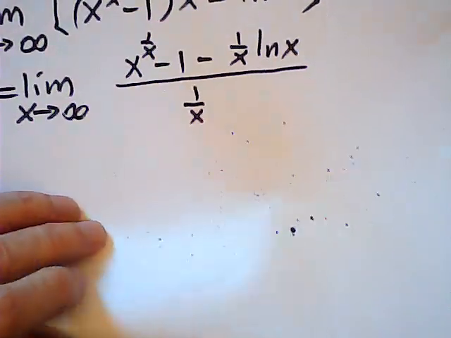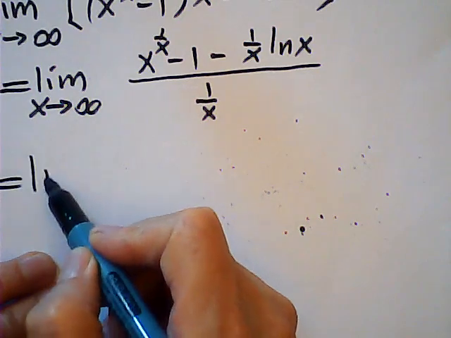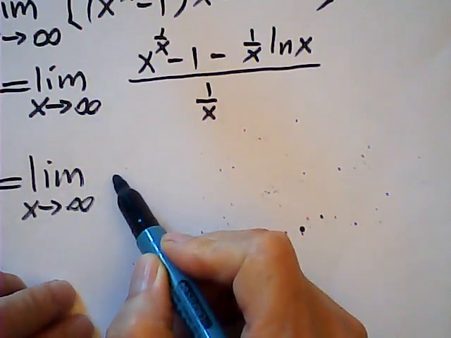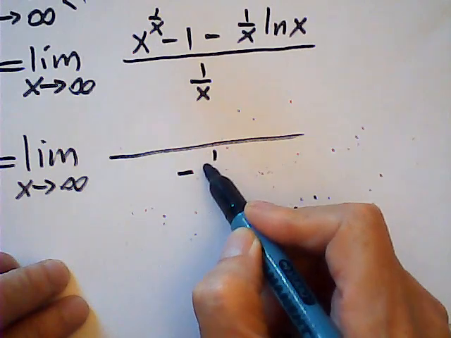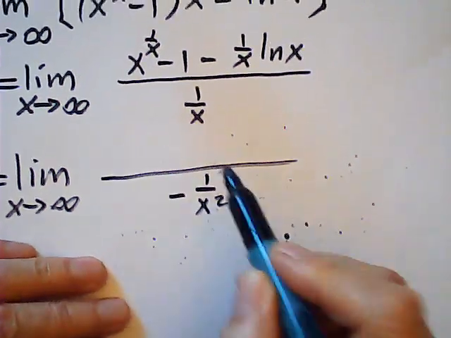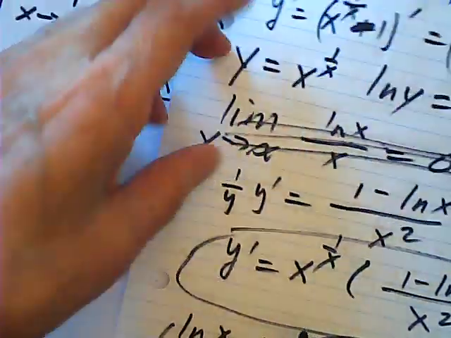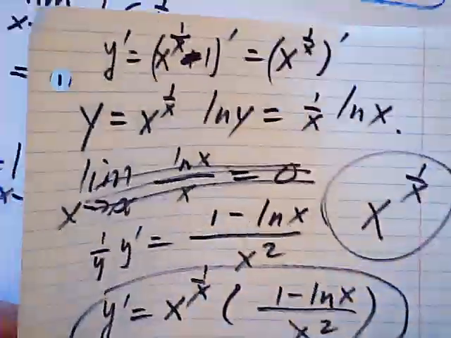In other words, we can use L'Hopital's rule, taking the derivative of both numerator and denominator, which is this negative x squared.